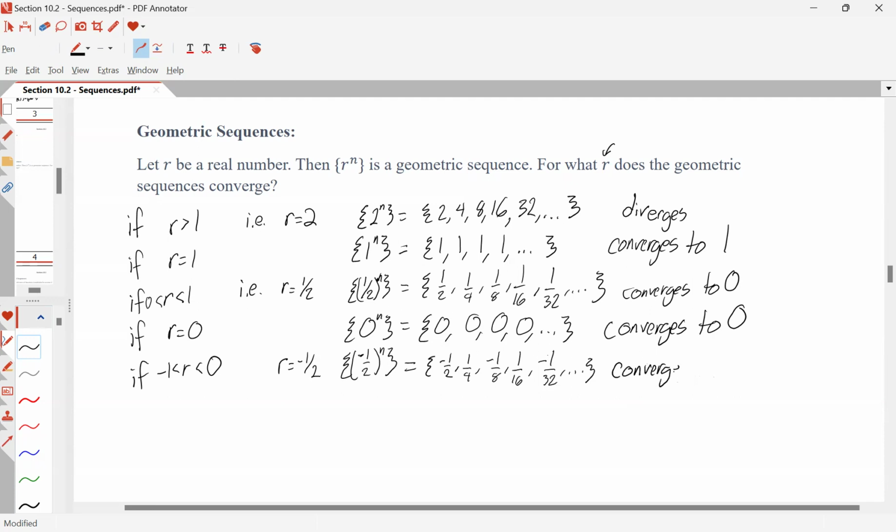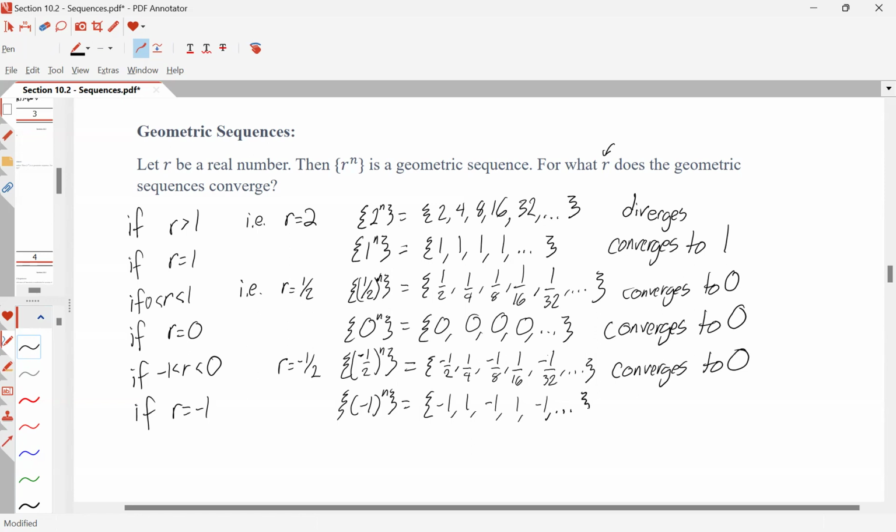However, r equals -1 is a different story. So looking at the sequence -1 to the n, the signs switch back and forth, but the values stay 1. So we have the sequence that's -1, 1, -1, 1, -1, 1.